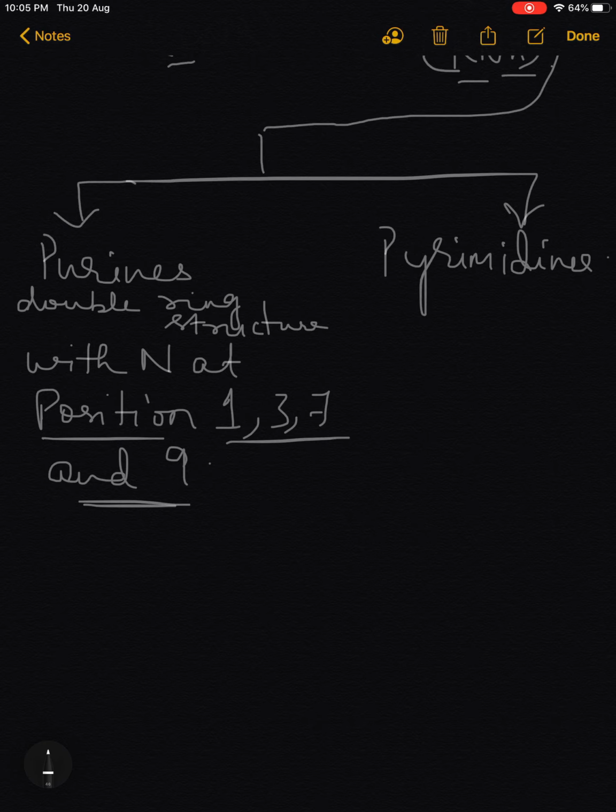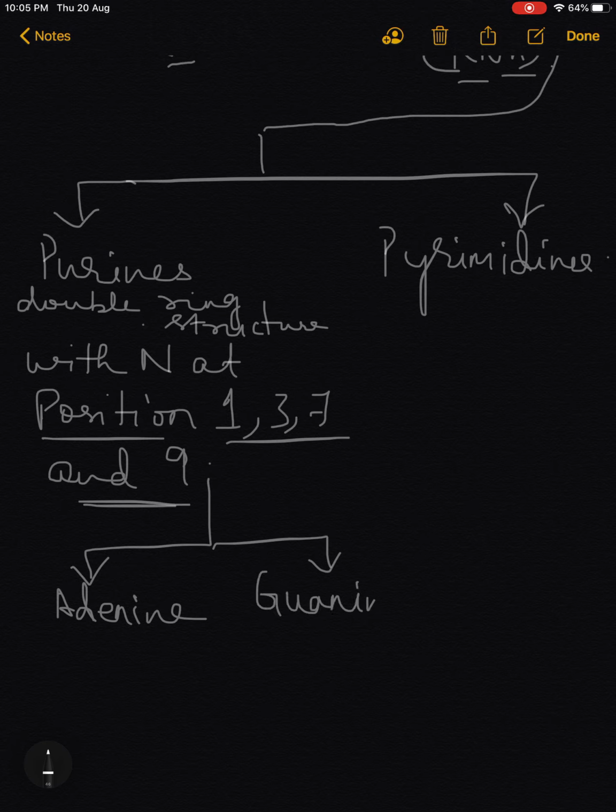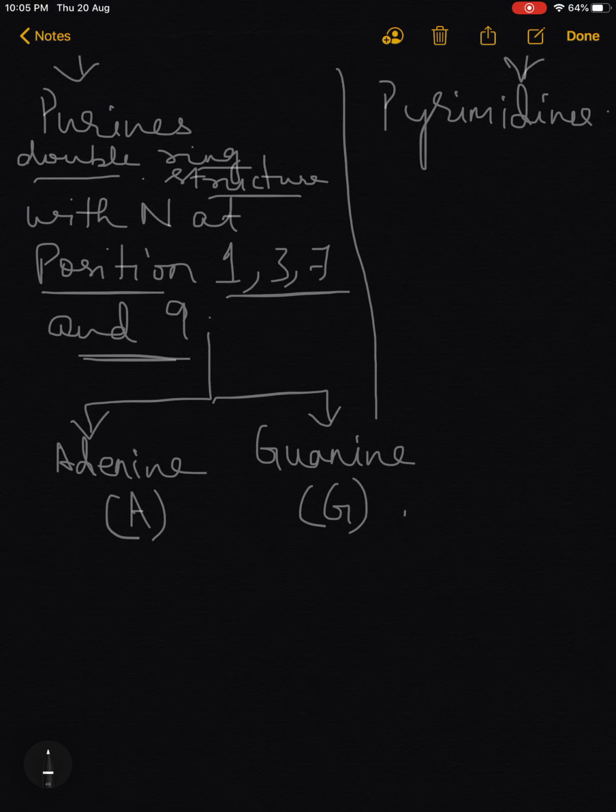So where is the nitrogen attached? The position of the nitrogen is 1, 3, 7 and 9. Purines are of two types: one is adenine and the other is guanine. For adenine we write capital A, for guanine we write capital G. So it's a double ring structure, children, and we have also told you what the position of the nitrogen is.